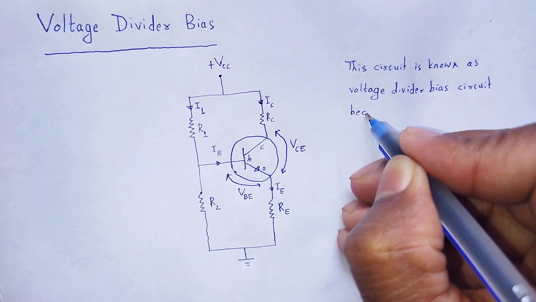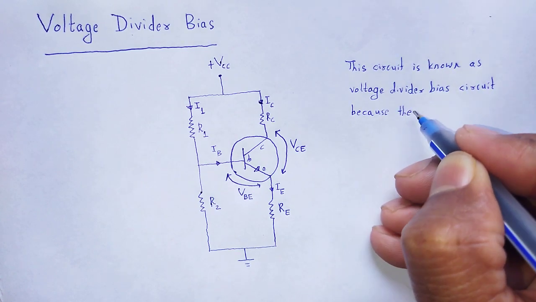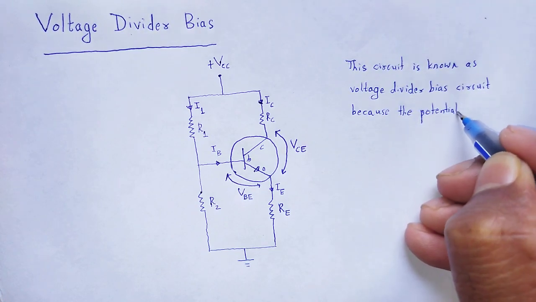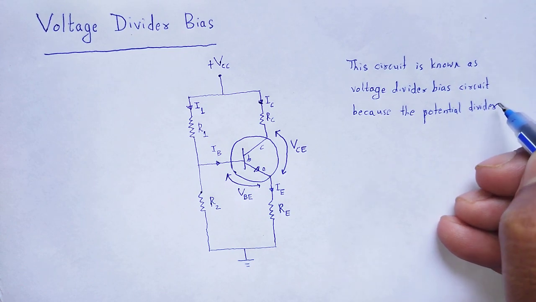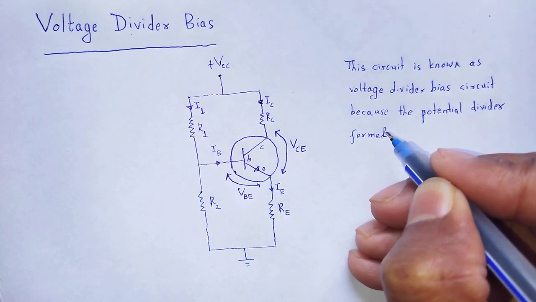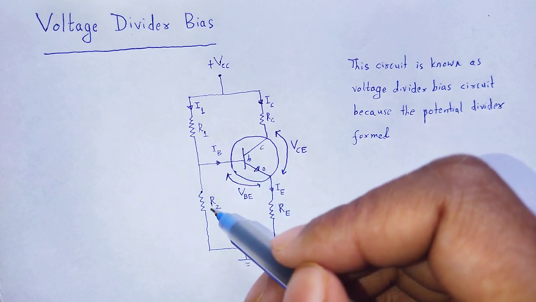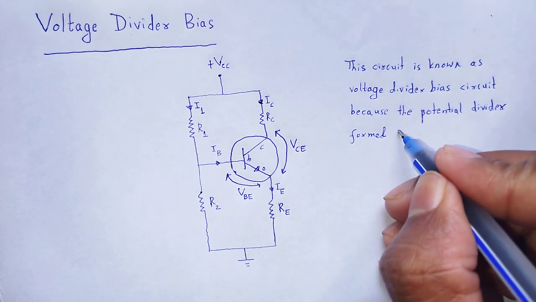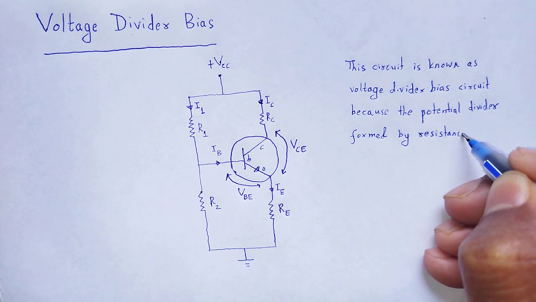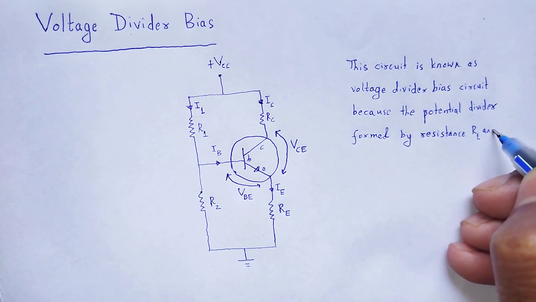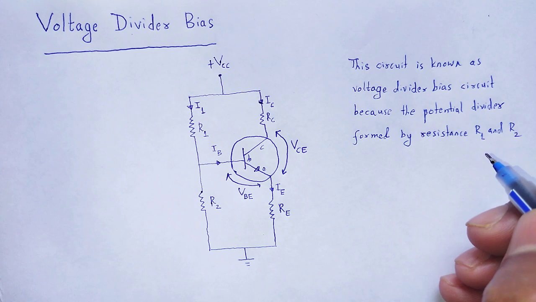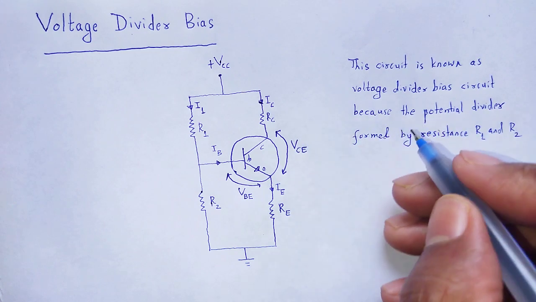Because the potential divider is formed by resistances R1 and R2, by resistance R1 and R2 biases the transistor.